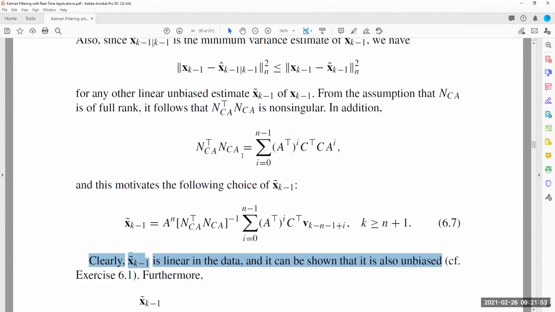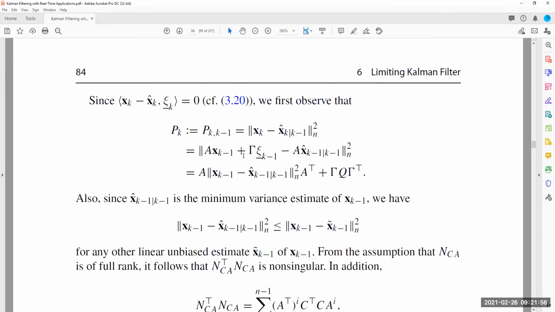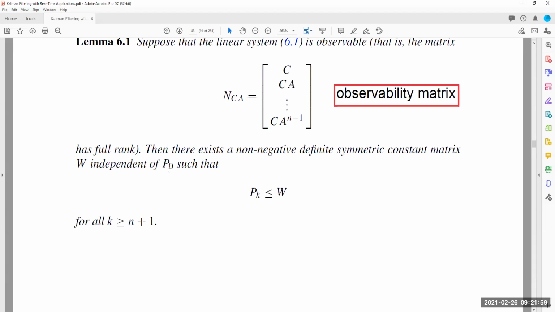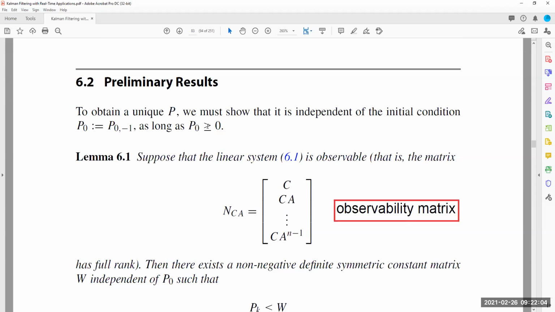So basically, lemma 1, 6.1, just shows that Pk is bounded. Then we look at lambda, but you also need to pay attention that here the Pk could be the P0. It could be any P0 unless it's non-negative.